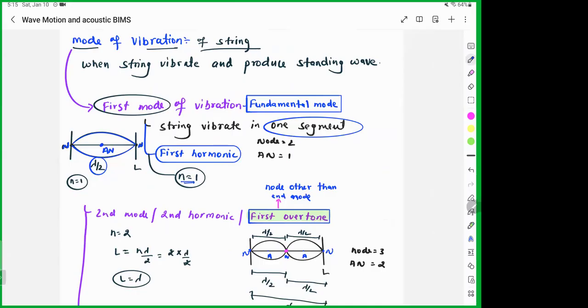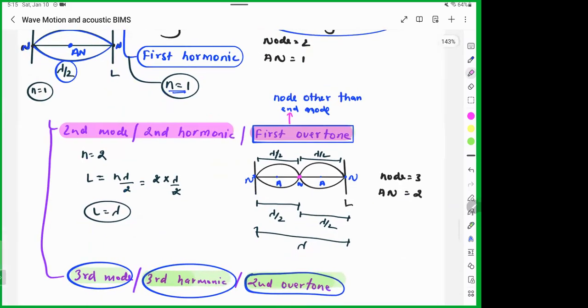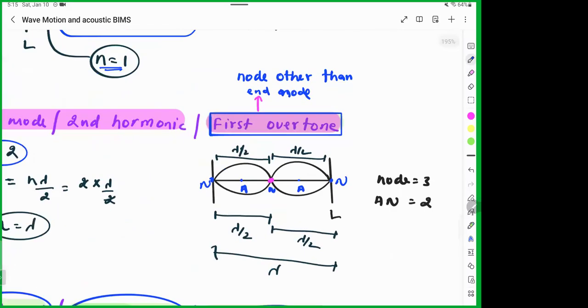Right. Then the second mode, or second harmonic, or first overtone. What is an overtone? Any frequency more than the fundamental frequency is an overtone. And in the simplest way, if you take the second harmonic or second mode, it means the n value will be 2. What does it mean? Two segments are formed. How to calculate the segments?